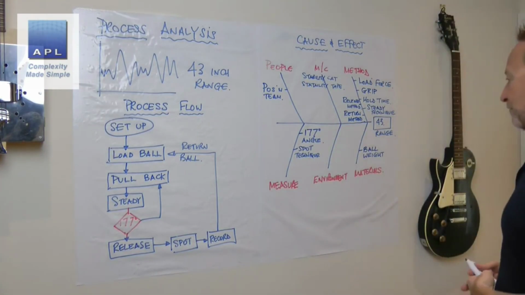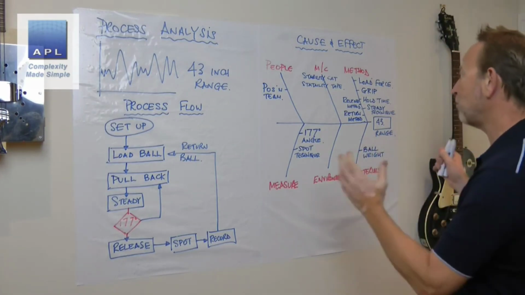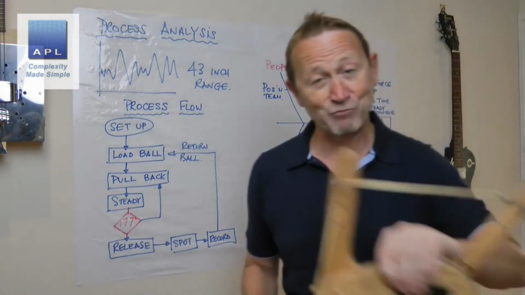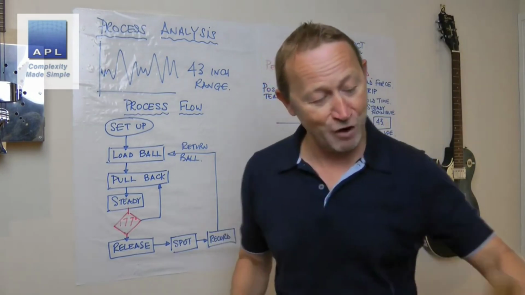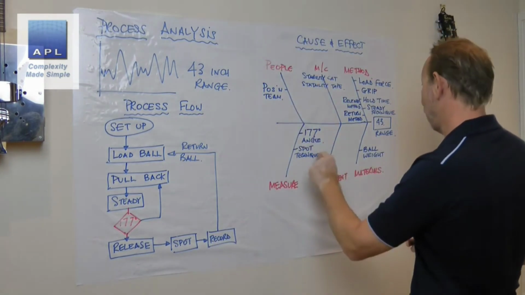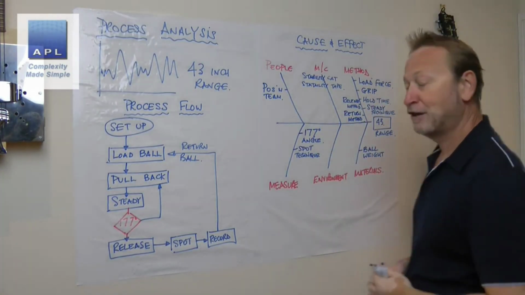And I think that's probably all the variables that we're probably going to find. Think about it, it's a relatively simple process. We're just firing a catapult, and we've already found 1, 2, 3, 4, 5, 6, 7, 8, 9, 10, 11, 12 variables.